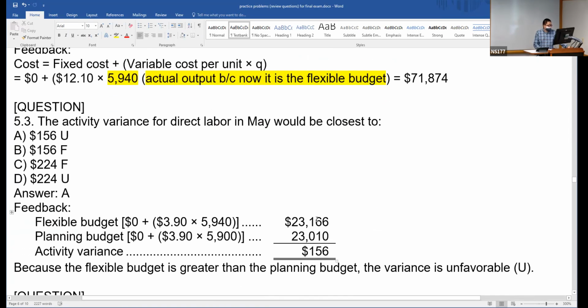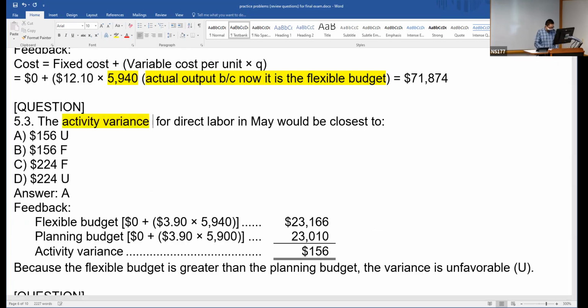Then for 5.3, the activity variance for developed labor. And we know what the activity variance is: it is the difference between column 2 and column 3.